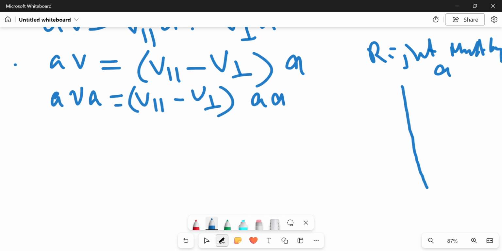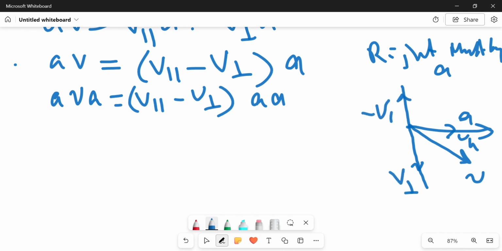Now let's go back to our drawing. What did we have? This is A, this is V, this is V parallel, this is V perpendicular, and this is minus V perpendicular. And V parallel minus V perpendicular is V reflected.